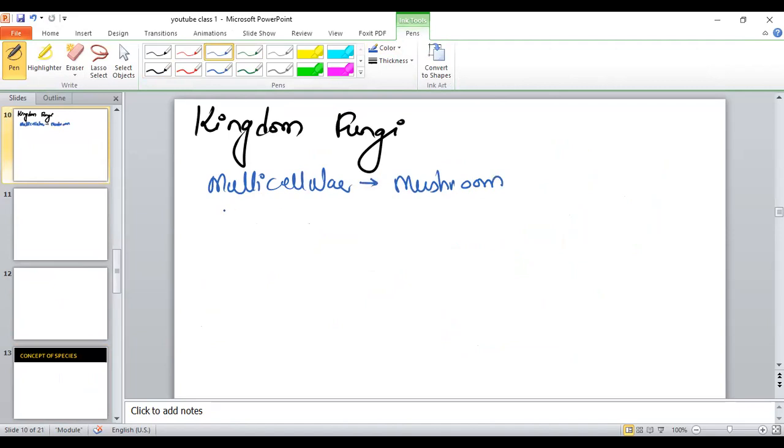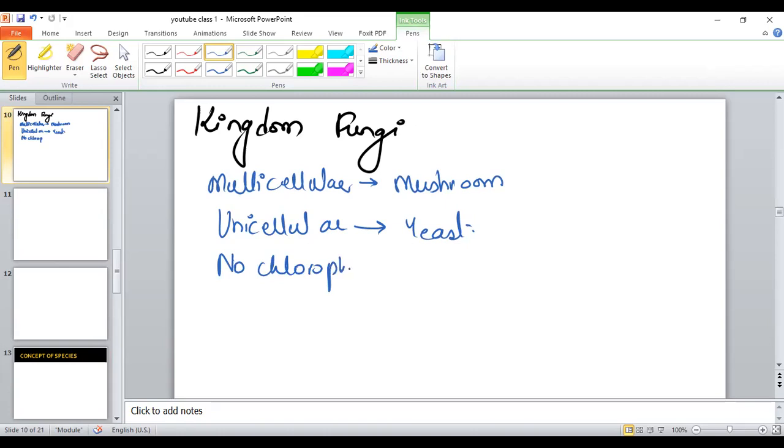But some are unicellular also; you can take the example of yeast here. They don't have chlorophyll, so again, they are heterotrophs, unable to prepare their own food.